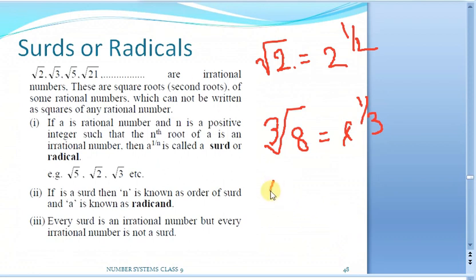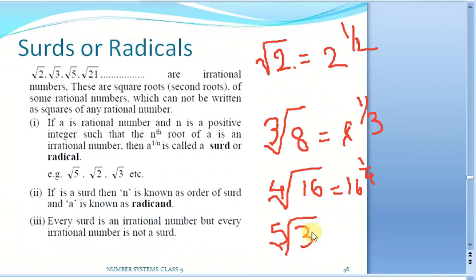If it is fourth root, this is how you write fourth root: you write the root symbol and in this curve you place the 4, and say 16. You will write it as 16 power 1 by 4. So we just read it as fourth root. This is cube root, this is square root. Suppose there is a fifth root like this, we read it as fifth root of 32.